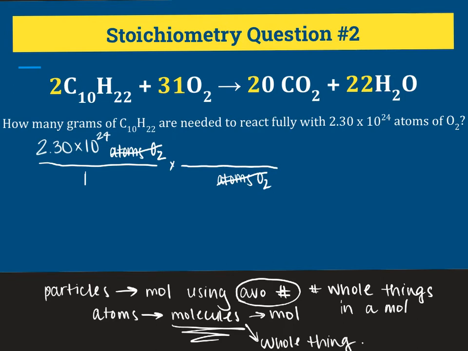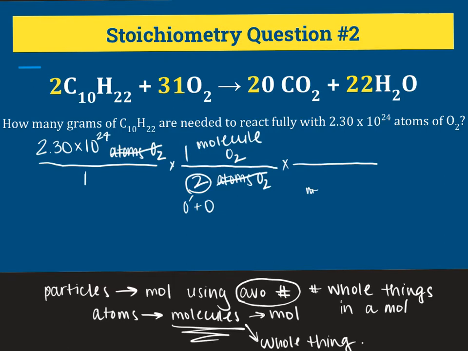So that being said, our first thing we'll do is say there are 2 atoms of O2 in 1 molecule of O2. And we got the 2 from counting O plus O. So there are 2 atoms there. Our next equivalent statement then, we know molecule.